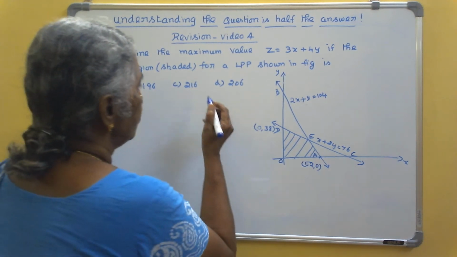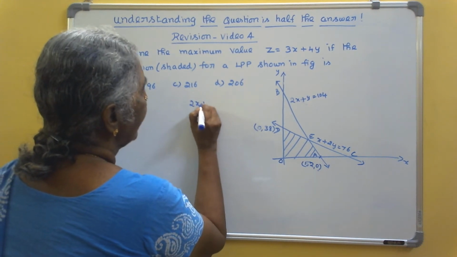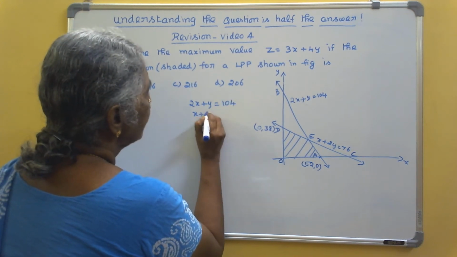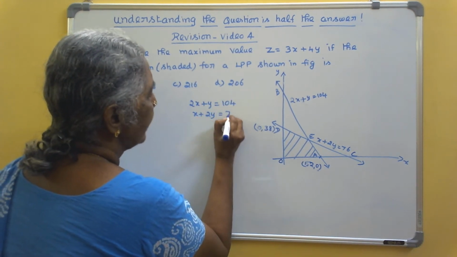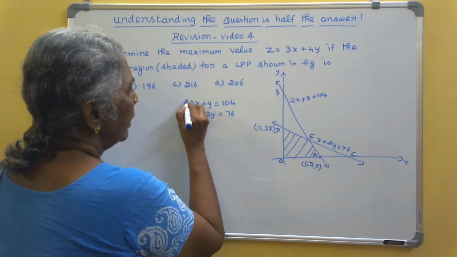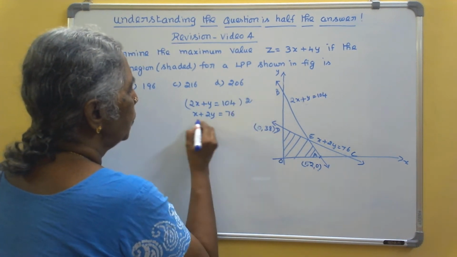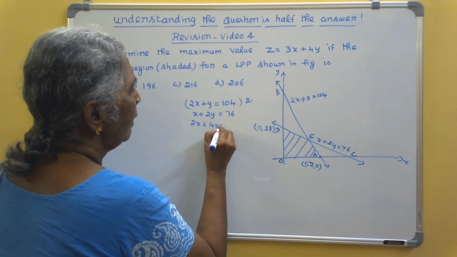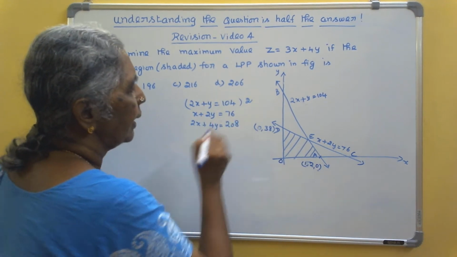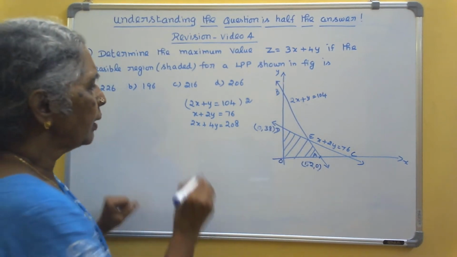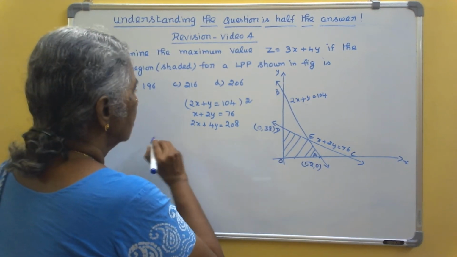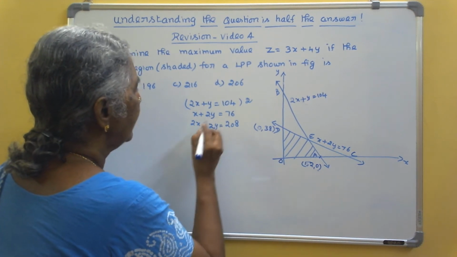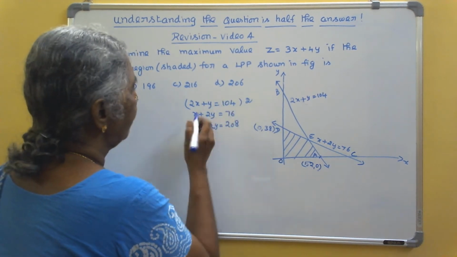So let us solve now. We are having 2x + y = 104 and x + 2y = 76. Let me multiply this by 2. Sorry, I am multiplying the second equation by 2. 2 2s are 4, so I get 2x + 4y = 152.